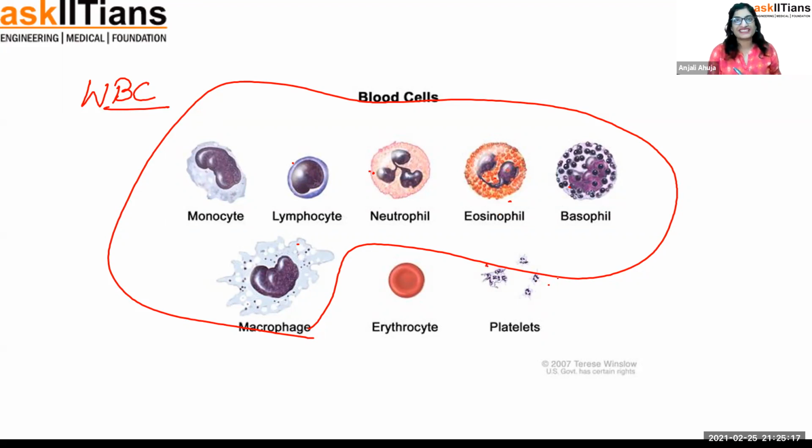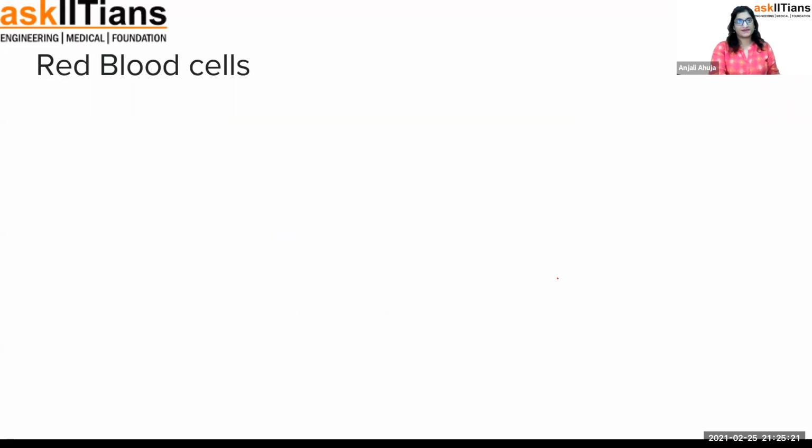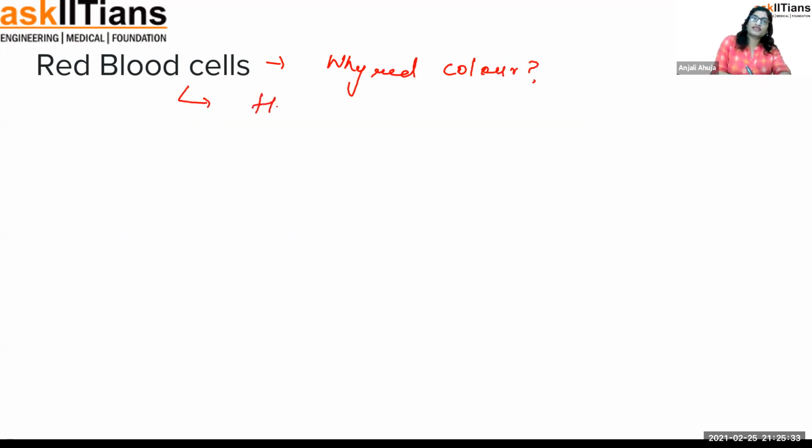Now, let's have a quick discussion on individual types of blood cell. First is the red blood cell. First of all, remember why it is red. The reason is that they have a pigment in them known as hemoglobin.